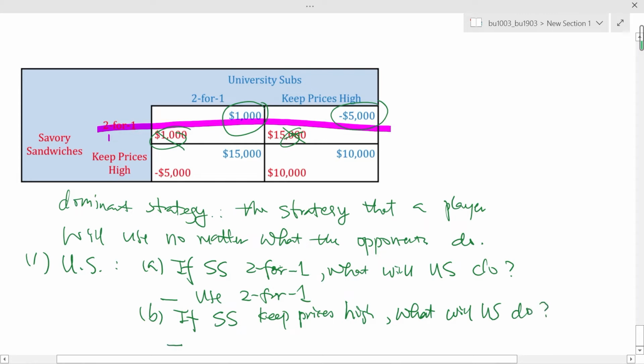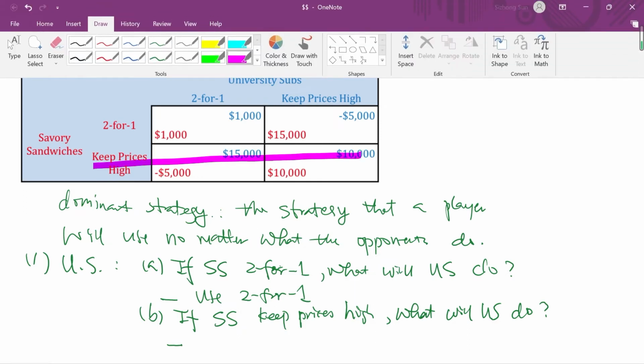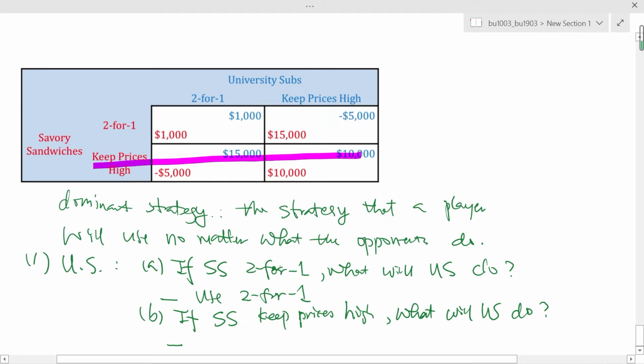Okay, so if Savory Sandwiches keep prices high, then we are in these rows now. So now University Subs will compare this payoff with this payoff, and clearly the two for one action brings a payoff of $15,000, higher than $10,000.